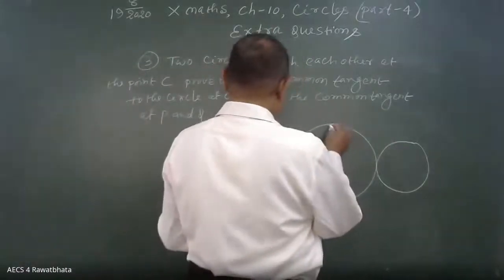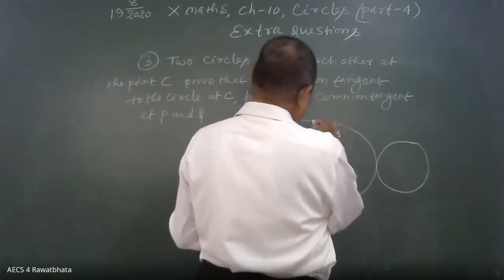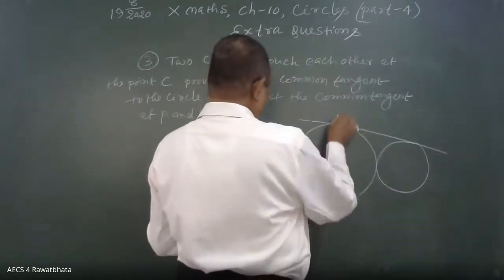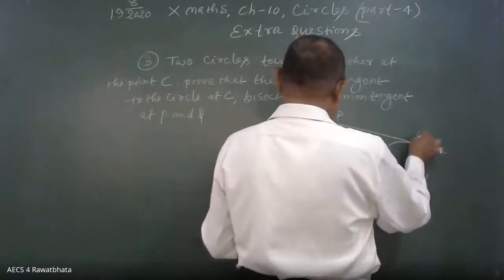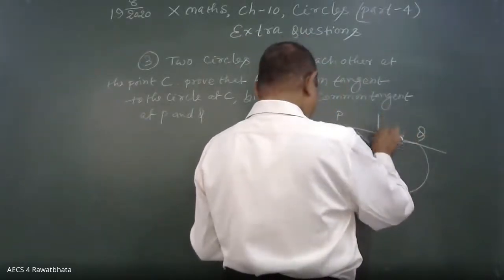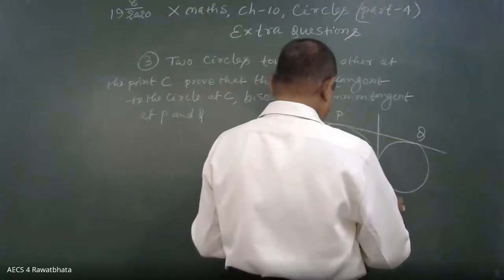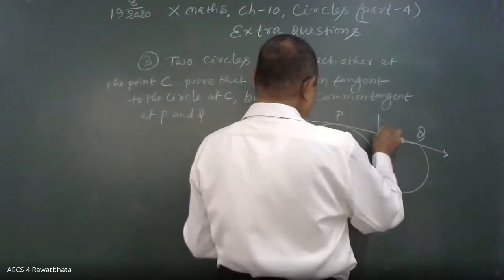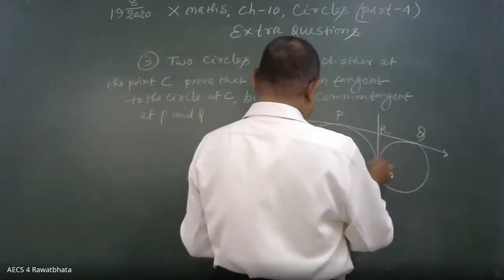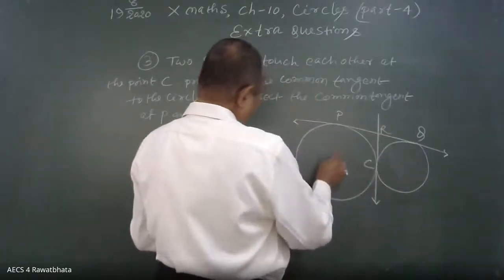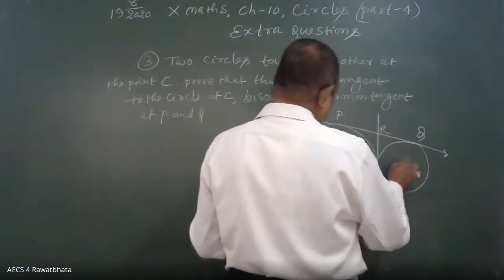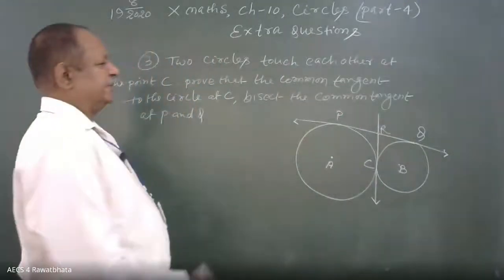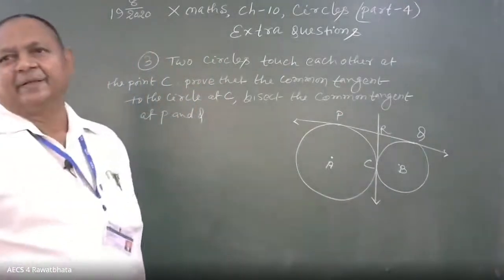This is the common tangent, say P and Q, and another tangent. This point is R, this point of contact is C, and the centers of these circles are A and B respectively.